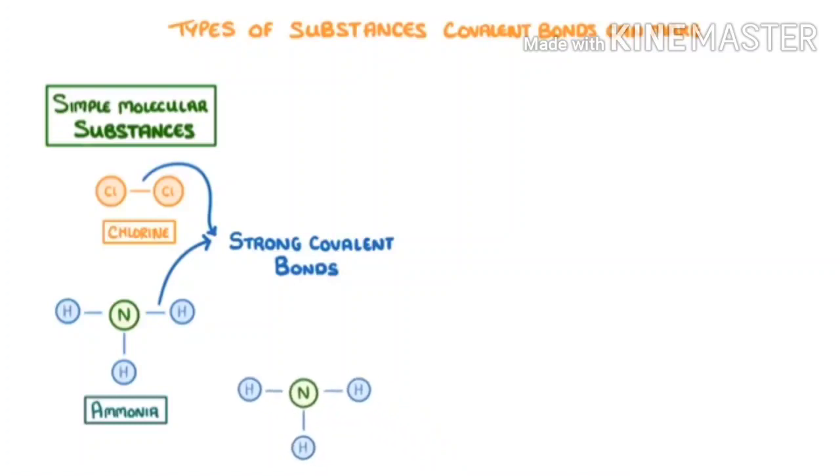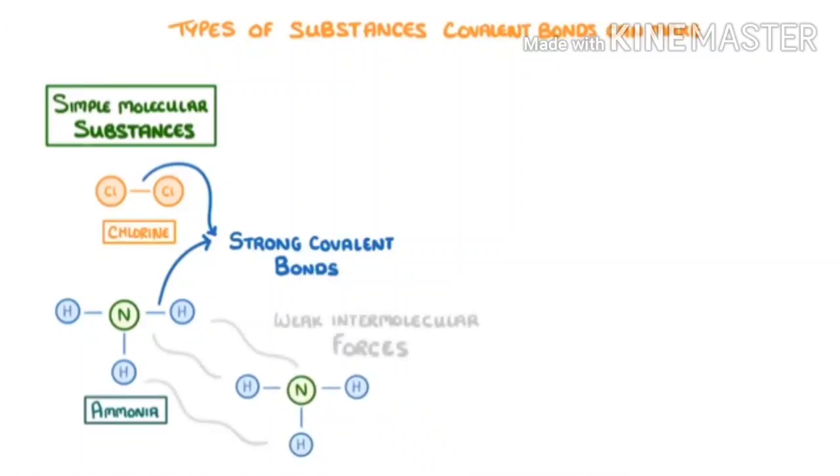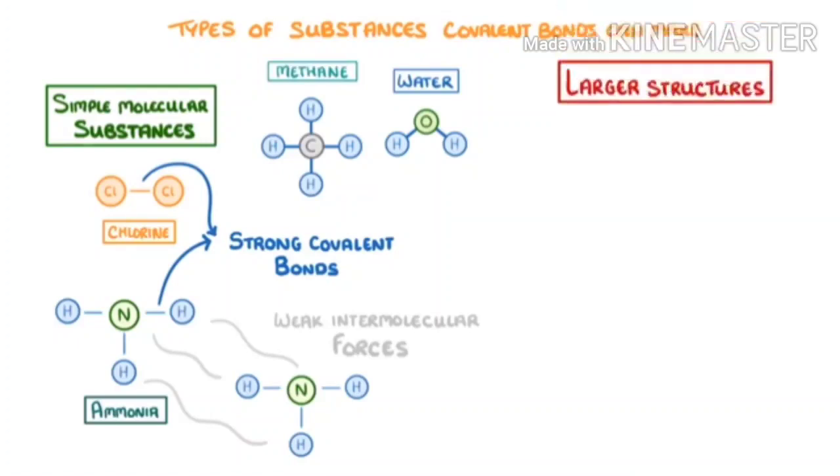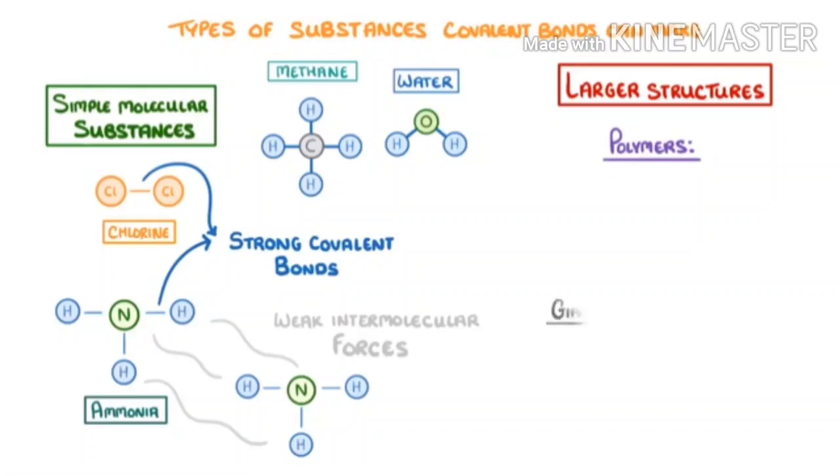There are strong covalent bonds within the molecules, but when different molecules are combined together, they have weak intermolecular forces of attraction. These weak intermolecular forces are known as van der Waals forces of attraction, like in the methane molecule or in the water molecule.